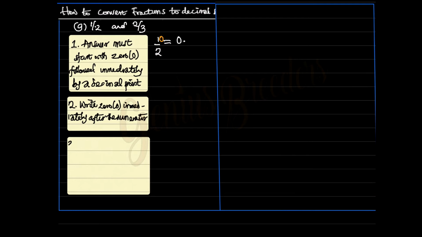So your step 3 is divide the new numerator by the denominator and write your answer after the decimal point.